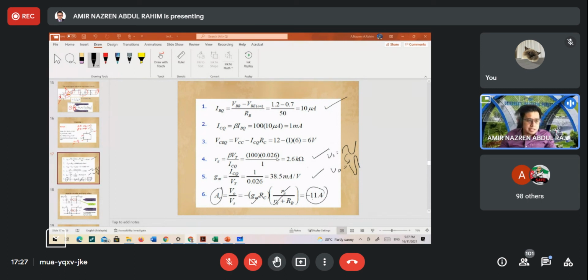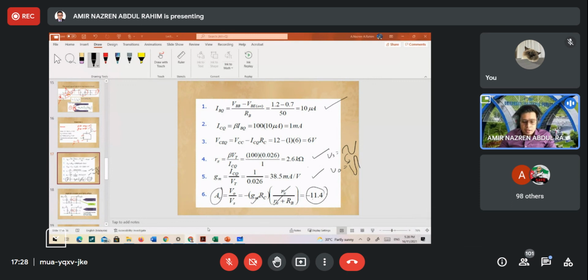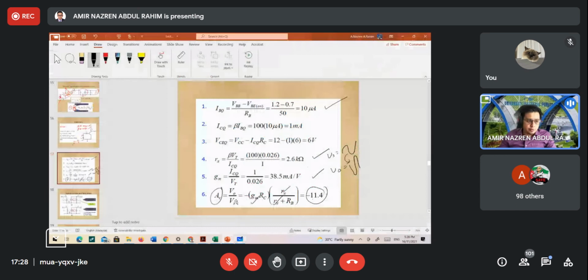Saya tak tahu kenapa lecture note ni pakai 0.026. Tapi kalau dia tak bagi, hak ni lah value kita pakai. Nanti you kena tulis dalam jawapan tu at room temperature 20, value VT equal to 26 millivolt. Macam tu lah, sebelum kita start calculation, nak beritahu kat pensyarah, kita pakai this condition. Okay, kira fix lah tu.